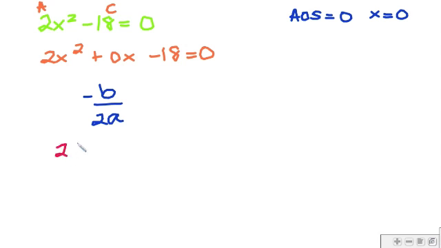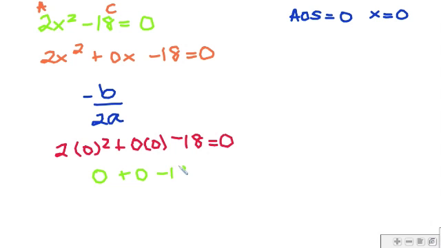So we're going to get 2 times 0 squared plus 0 times 0 minus 18 equals 0. This will be easy to simplify. 0 squared is 0, 2 times 0 is 0, plus 0 times 0 is 0, minus 18.